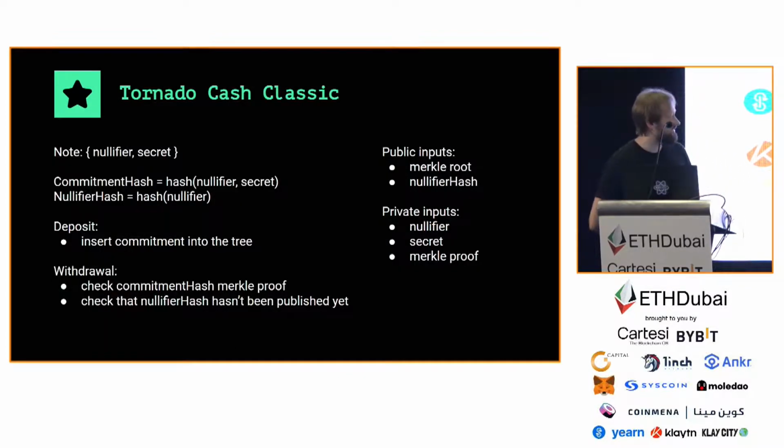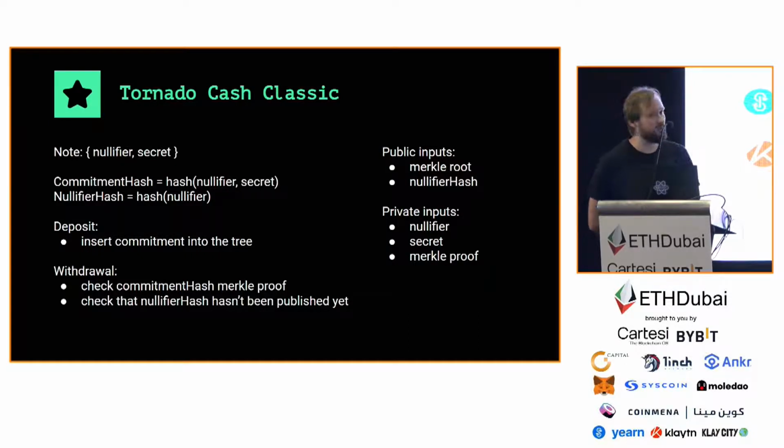So how the zero knowledge actually works here. When you deposit, you generate 2 random numbers called secret and nullifier. If you hash those 2 numbers, nullifier and secret, you get what we call the commitment hash, or simply commitment. This is the string that gets inserted in the Merkle tree. And there is also another entity, the nullifier hash.